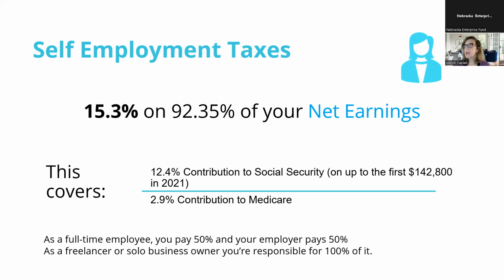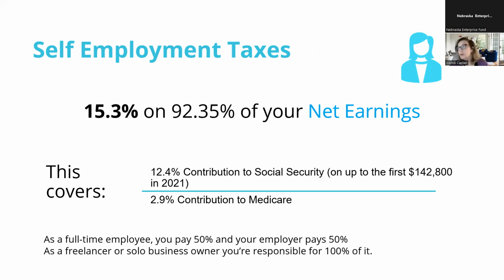So a self-employment tax is 15.3% on 92.35% of your net earnings. And it's a complicated reason why it's 92% versus 100%. But the bottom line is, as we move through this process, you will learn that you can actually write off half of your self-employment as one of your deductions.